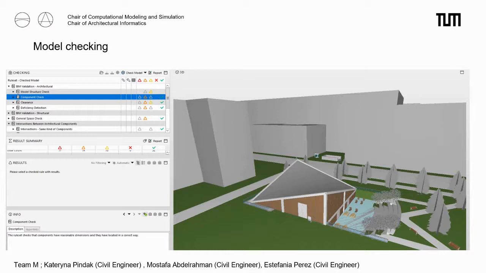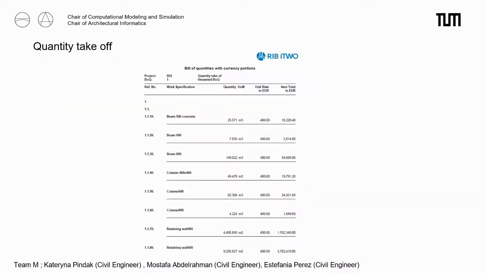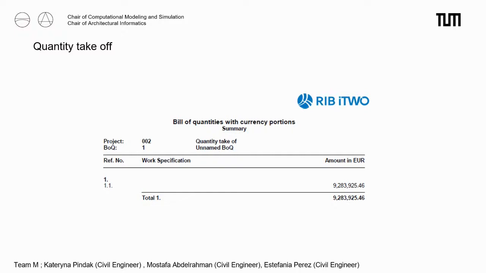Then we corrected the issues and clashes as shown here, and we could proceed with a quantity takeoff. As you can see here, we use iTWO to obtain a quantity takeoff. We obtain the volumes, areas, perimeters of different components. And then the prices were investigated and applied to obtain our final price, which is around 9.2 million.